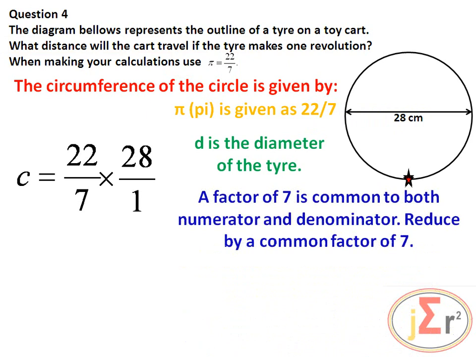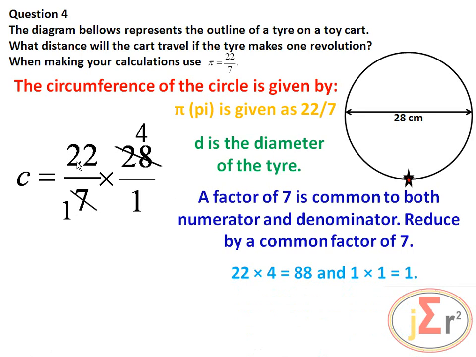Now, the problem that we have there has a common factor of 7 in both numerator and the denominator. The fraction is therefore reduced by a common factor of 7. So 7 into 7 is 1 time, and 7 into 28 is 4 times. So 4 is what we have here.